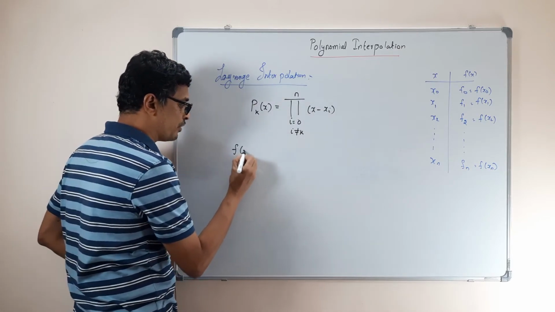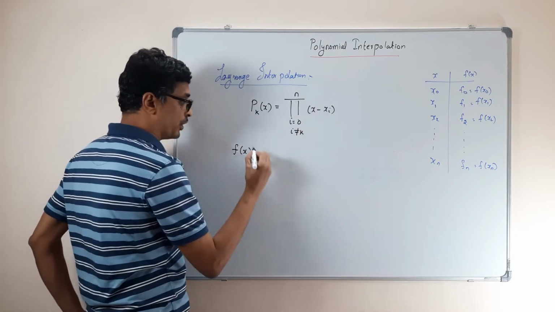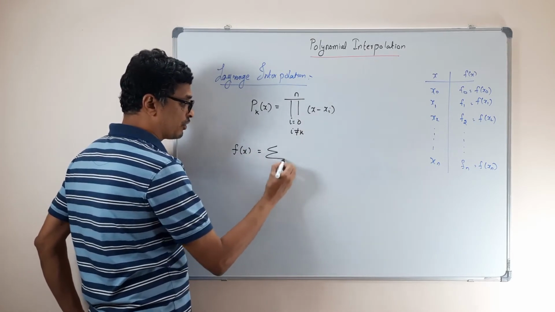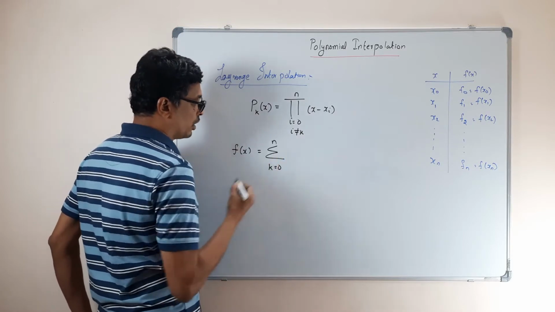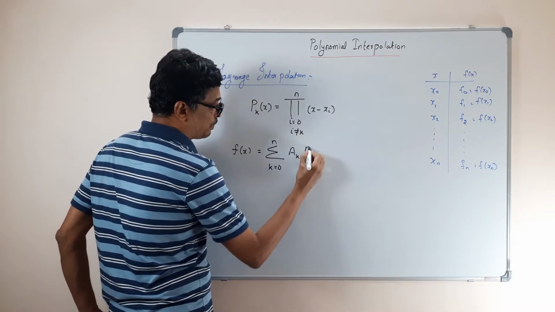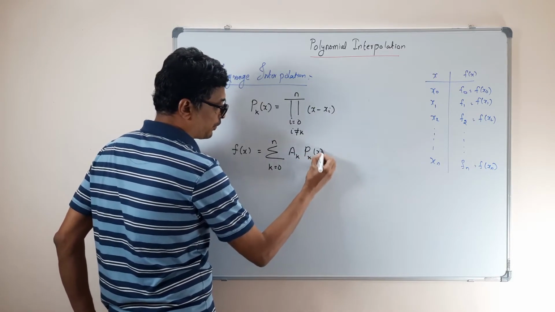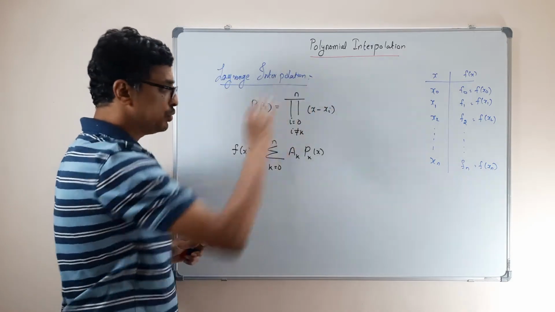Let me say f of x, the polynomial which passes through all these points, is the summation for k equal to 0 to n of some coefficient ak into pk of x.